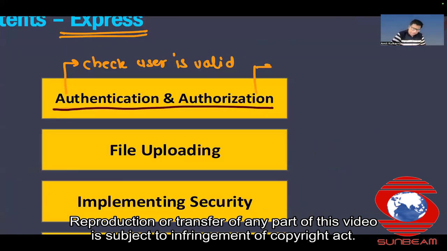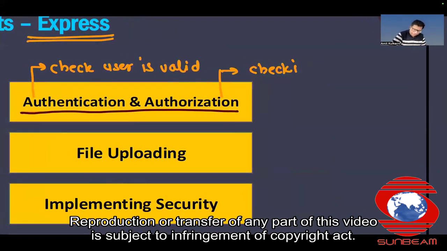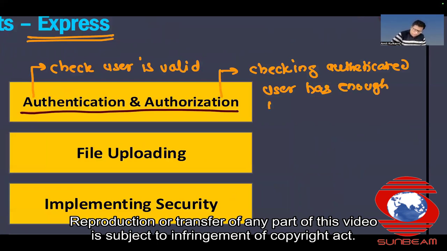While authorization means checking if the authenticated user has enough permissions. Implementing these permissions will be done by using something called a JWT token.